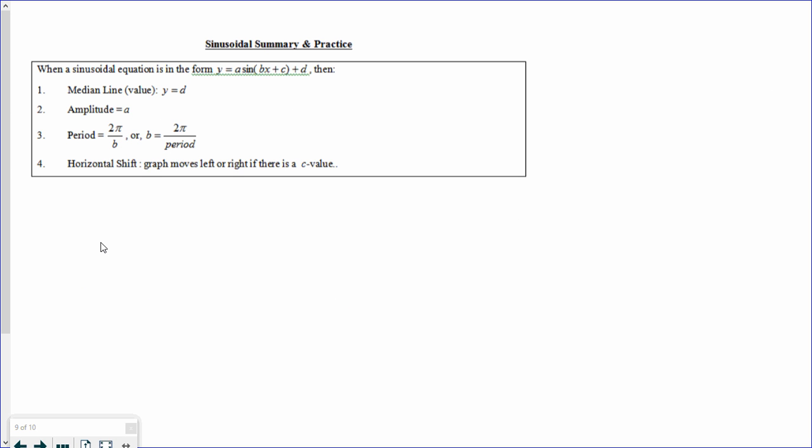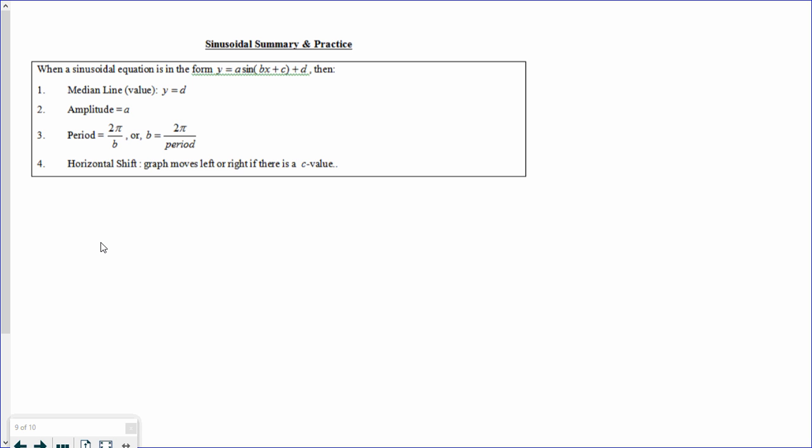So there's a little summary part that says sinusoidal summary and practice. These are kind of the keys for drawing and analyzing a sinusoidal function. When a sinusoidal equation is in the form y equals a times the sine of bx plus c, plus d, then your median value is the line equal to d, your amplitude is equal to a.